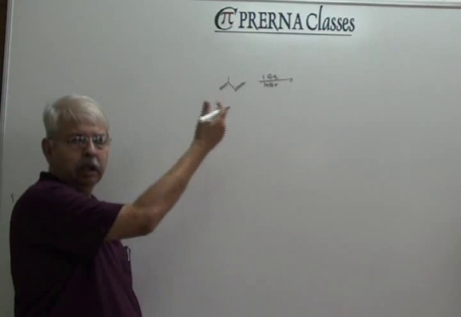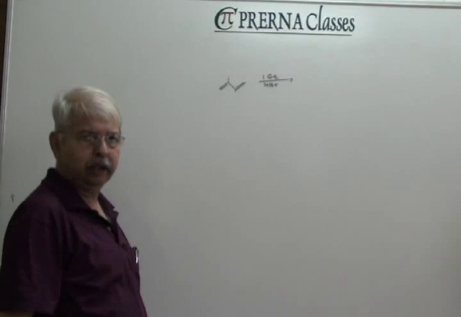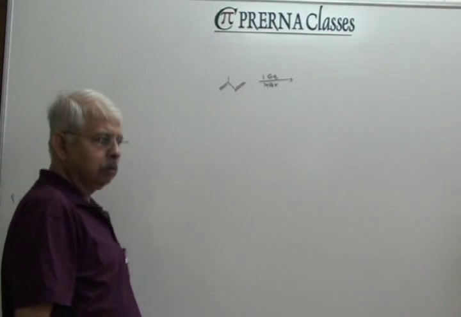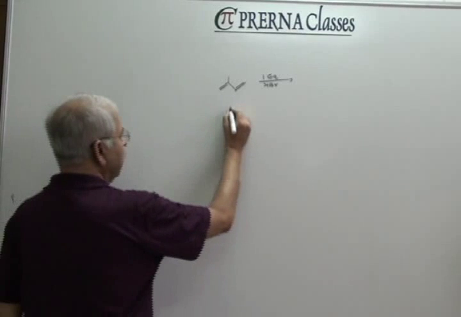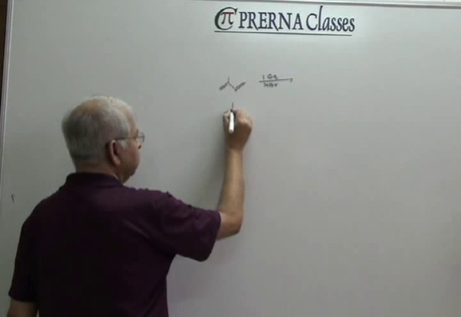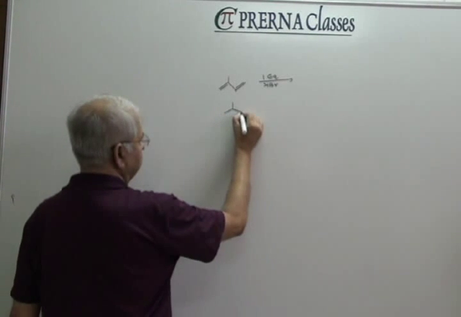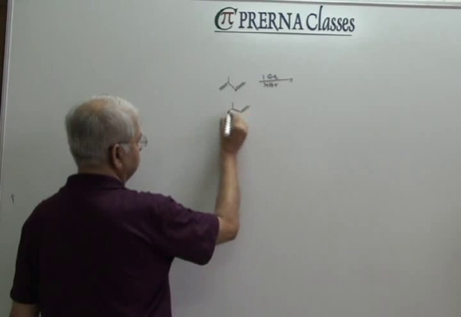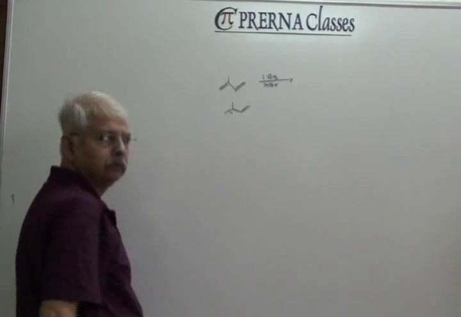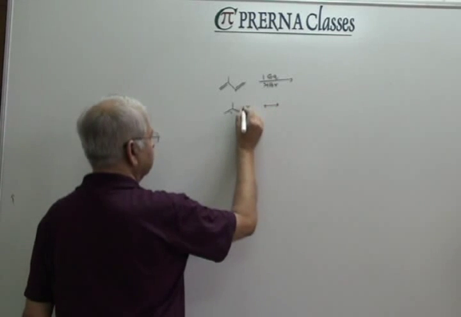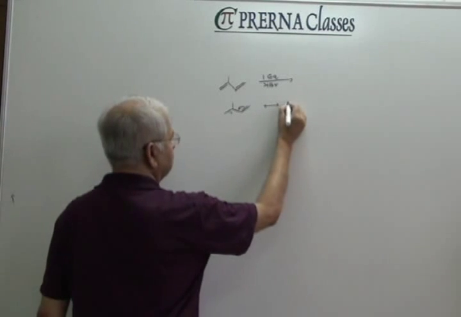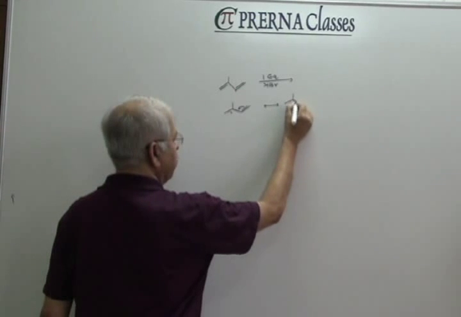Well, this compound is treated with 1 equivalent of HBr. Which one will be the major product? Now, definitely this cation will form. Now there are chances of formation of this.